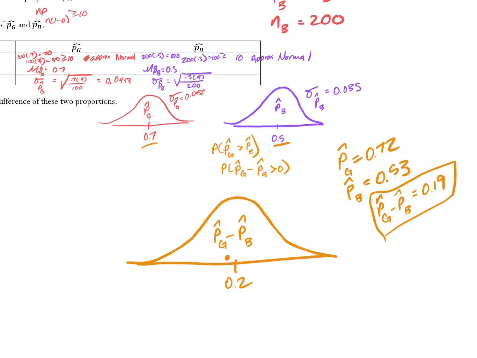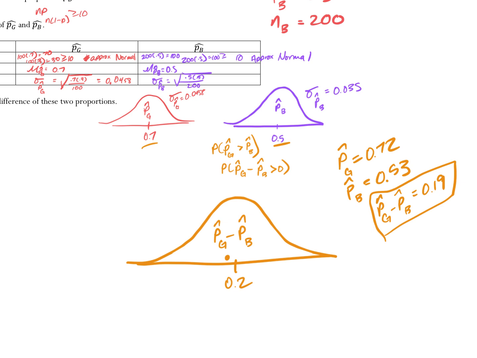What will happen to my new standard deviation? It's going to increase because I now have variability from two different groups, right? Uncertainty about the Grandview percentage, uncertainty about the Bexley percentage, more uncertainty. So a higher standard deviation. Do you guys remember that Pythagorean rule that we were dealing with before when we subtracted two variables?